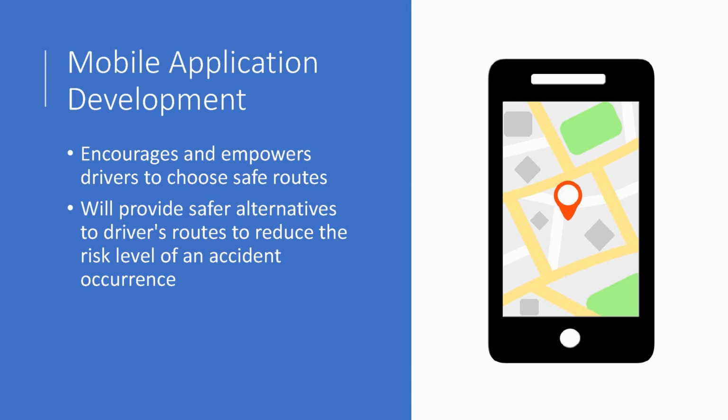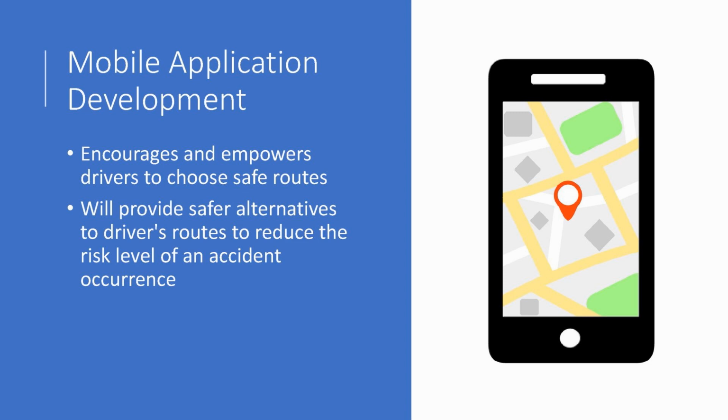We are currently developing a consumer-facing mobile application that will allow users to choose between the standard, speed-based route and a safer alternative. Ultimately, the app's goal is to allow drivers to begin to make the decision for themselves whether they are willing to sacrifice a bit of time for a safer route.